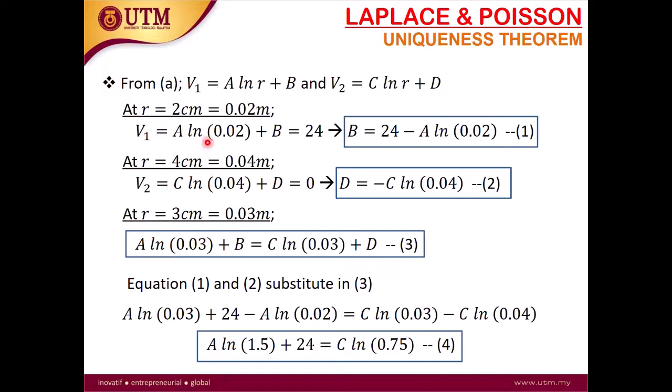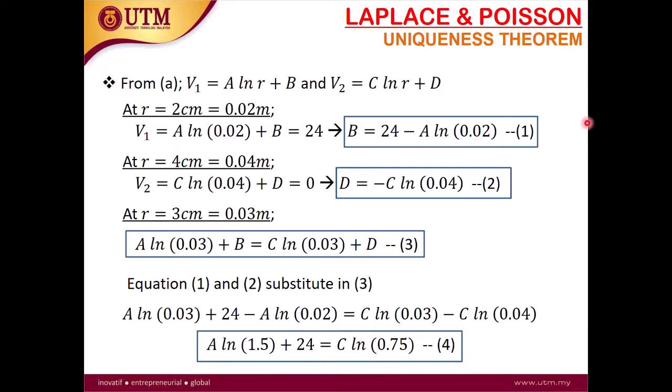From V1 equal to A ln R plus B and V2 equal to C ln R plus D, when we set R equal to 2 cm or 0.02 meters, we get V1 equal to A ln 0.02 plus B equal to 24 volts. From here, we can rearrange to get B equal to 24 minus A ln 0.02.